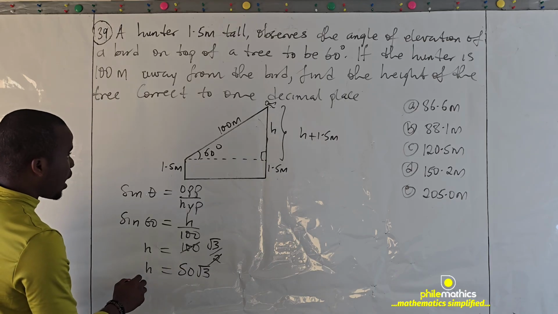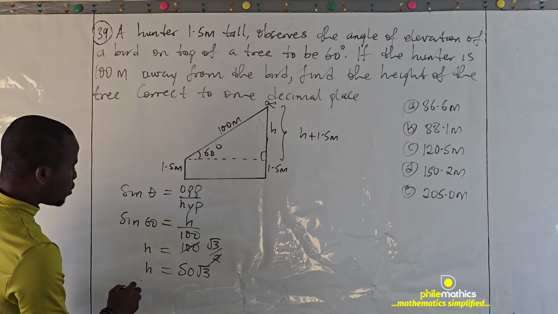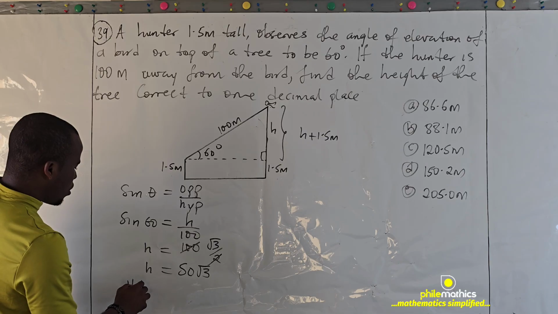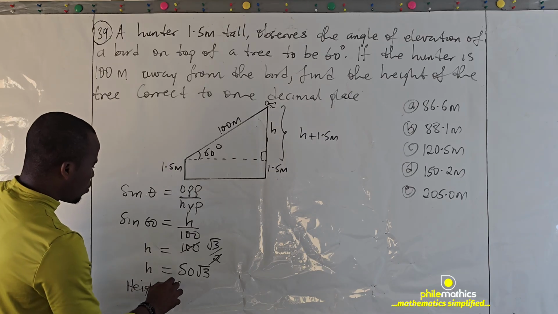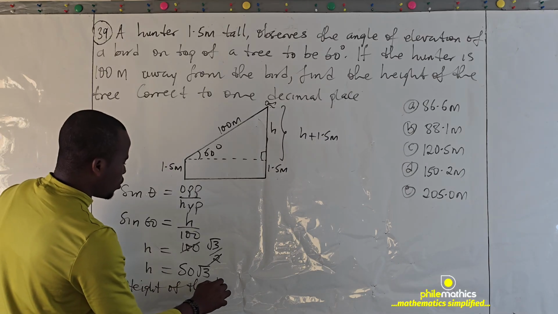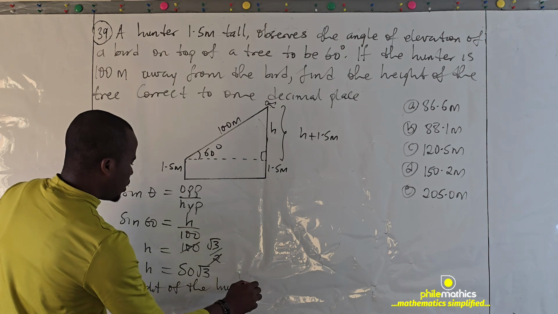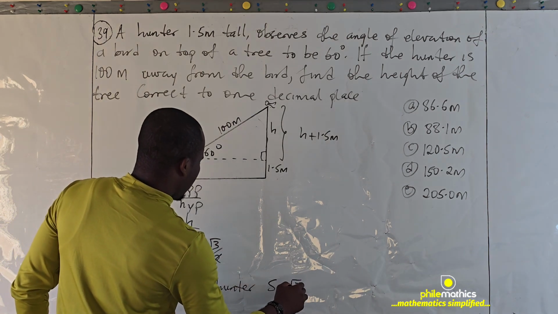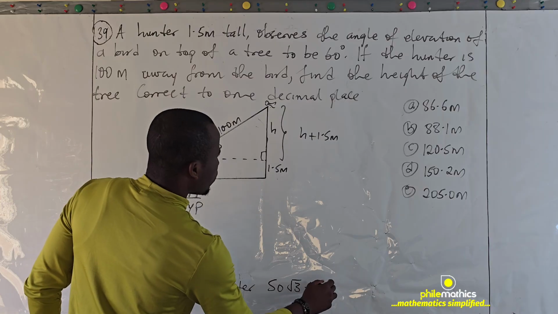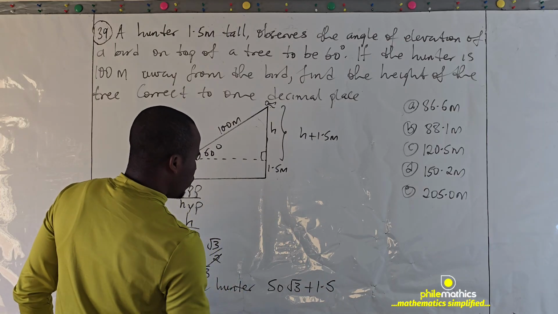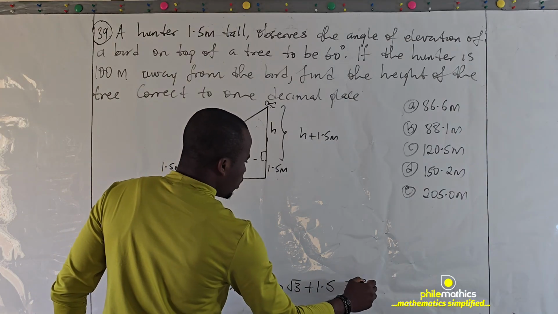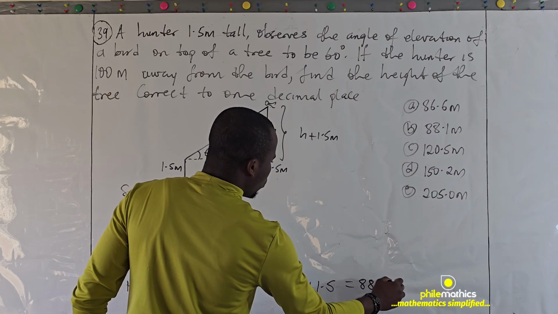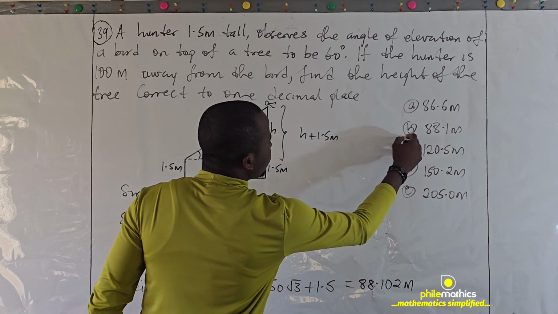And so the height of the hunter is simply 50 root 3 plus 1.5, and this will give us 88.102 meter, and that's B.